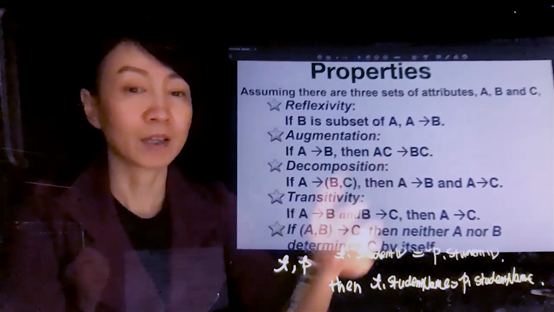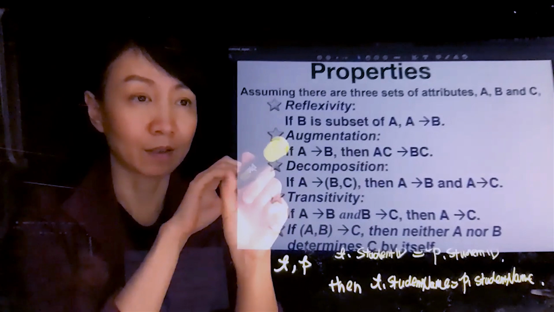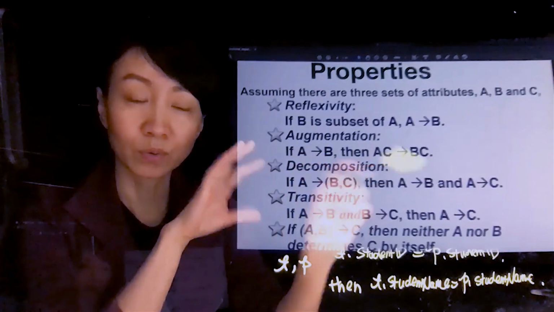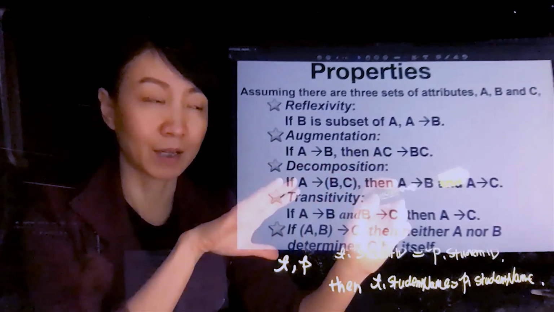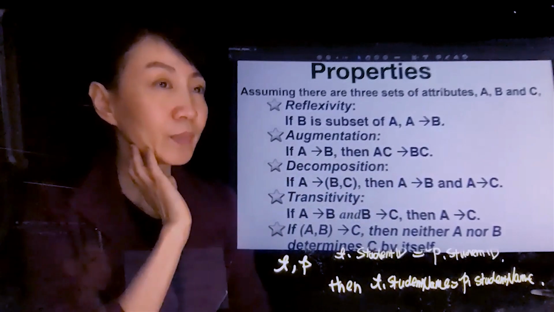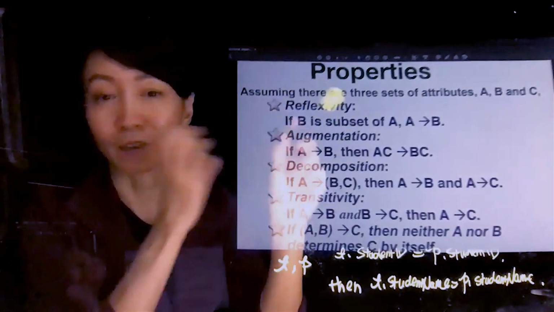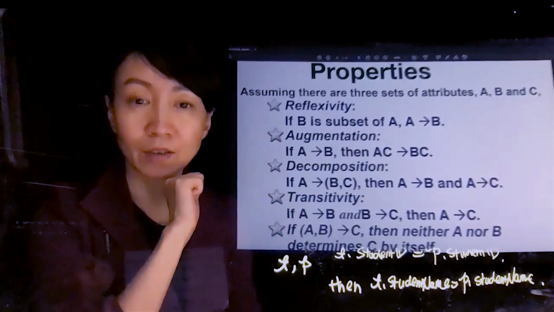So we can decompose this original FD into two FDs. One is A to B, the second one is A to C. Okay. So this one actually comes from the first property, reflexivity. A set can determine a subset.